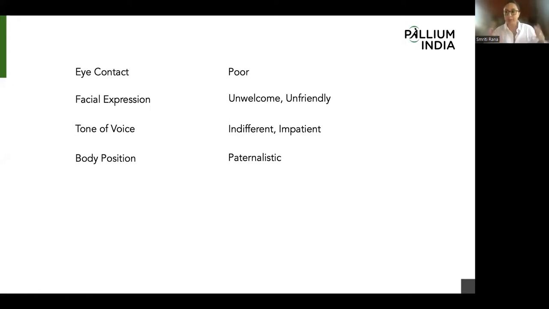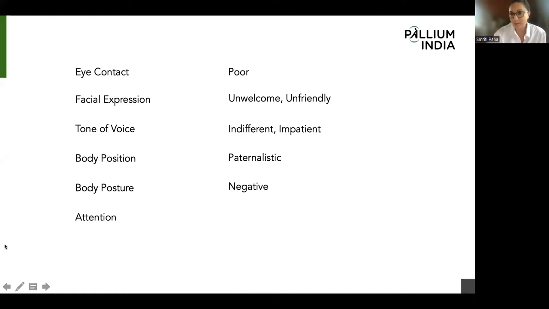So body position is where I am physically placing myself when I'm communicating with somebody. Body posture is a different thing. Negative body posture: arms crossed, turned away, one foot out the door, not even looking at you, those kinds of things.